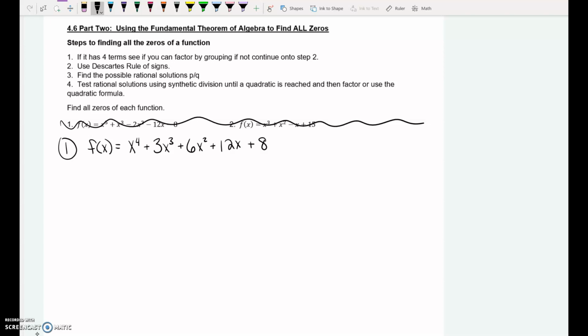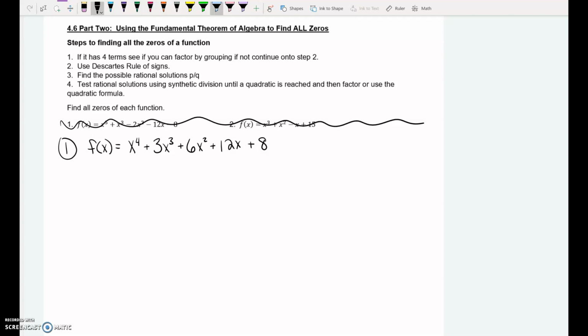Yesterday, we stuck with only functions that had a degree of 3. Today, we're going to look at functions that have a degree of 4. And once you know how to do this with a degree of 4, you could do this with a degree of 5 or 6 or anything larger. Anytime, you should always check for greatest common factor or any other factoring that you could do. In this case, there's no factoring that we can do.